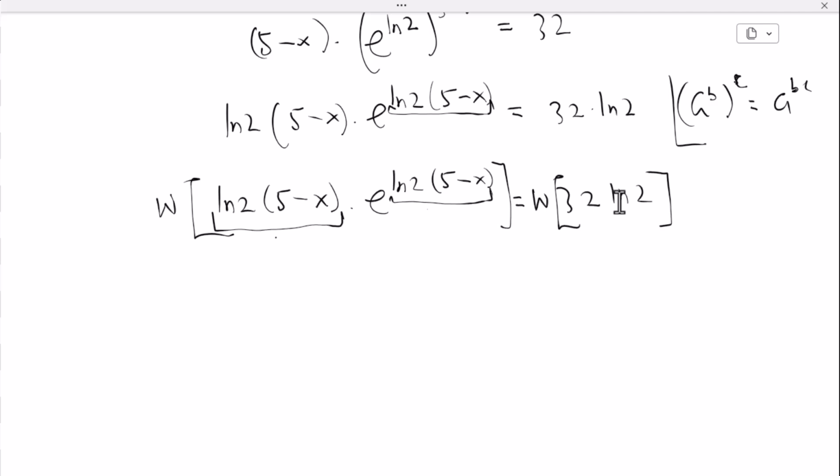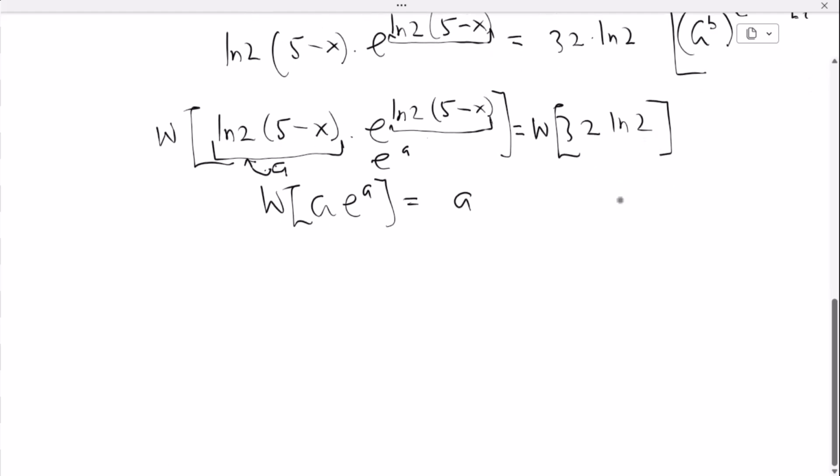And the Lambert W function just tells us that when you take that function of, let's say, the expression a multiplying e to the power a, this is going to give us just a. So if we compare, this is like our a multiplying e raised to the power a. That means our whole expression, natural log of 2 multiplying 5 minus x, is our a over there.